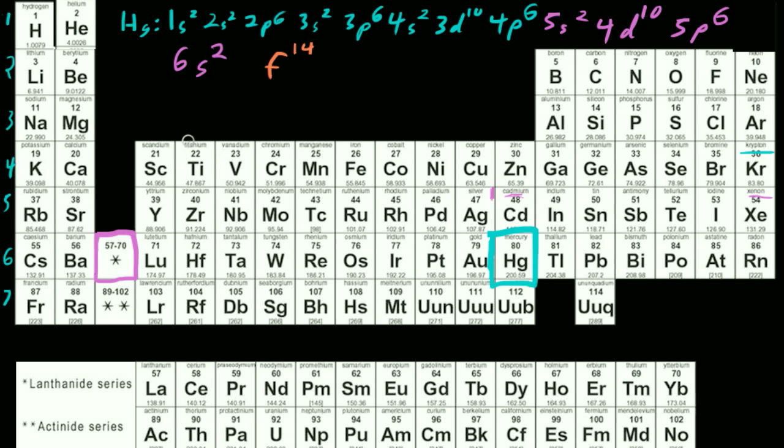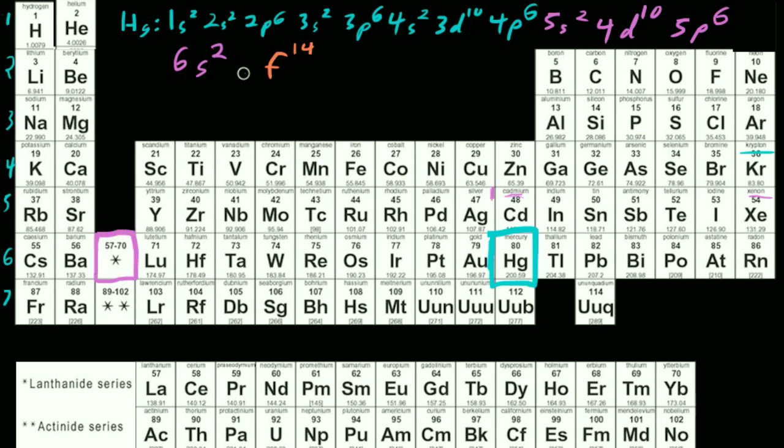And now, just like we backfill one period with our d block, like our last entry for titanium is 3d2, just like we went back one period, in the f block we're going to go back 2 periods.